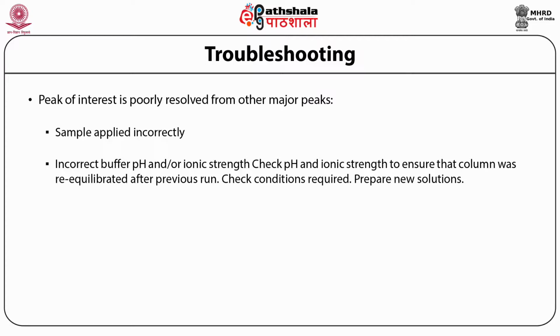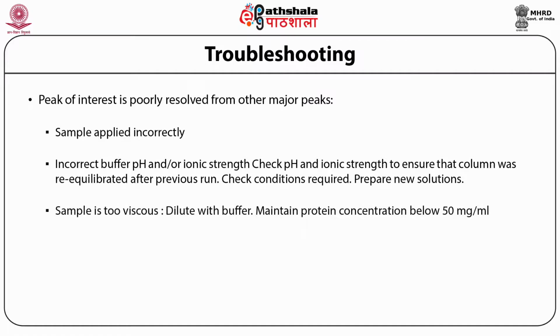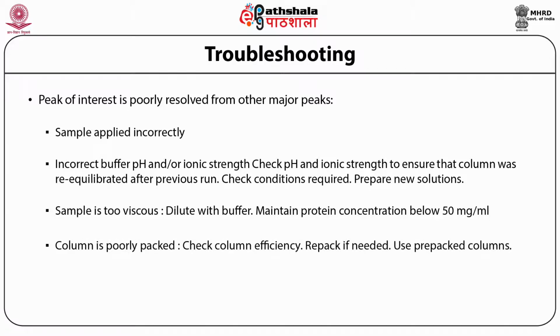Another probable reason could be that the sample applied to the column is too viscous. In that scenario, one should dilute the sample with buffer. One should always maintain the protein concentration below 50 milligrams per ml. The fourth point could be that the column is poorly packed.